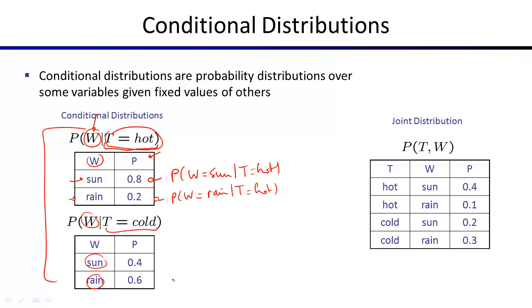These tables here can be computed from this table over here. In fact, that's the kind of math we have been doing on the previous slides. We've looked at, for example, let's compute the conditional of sun given hot from a joint distribution.